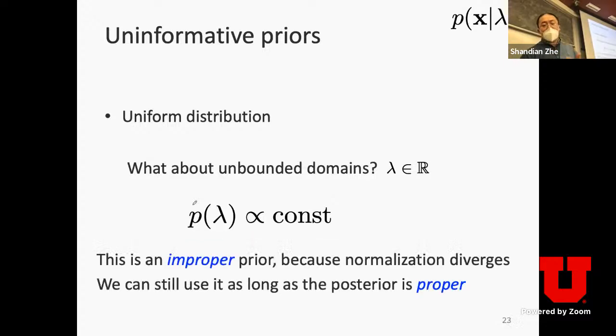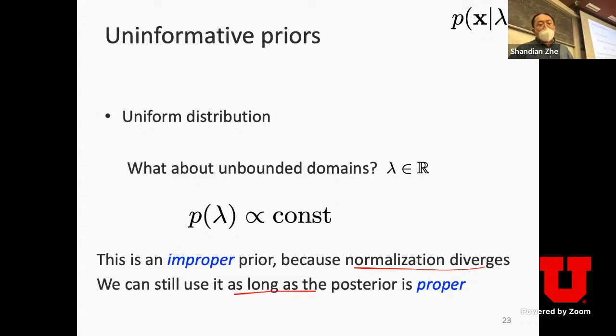Why? Because if you assume this P of lambda is proportional to a constant, of course, you want to normalize it, you want the integral to be 1, and if you do this integral, it just diverges, it goes to infinity. But we still use it.